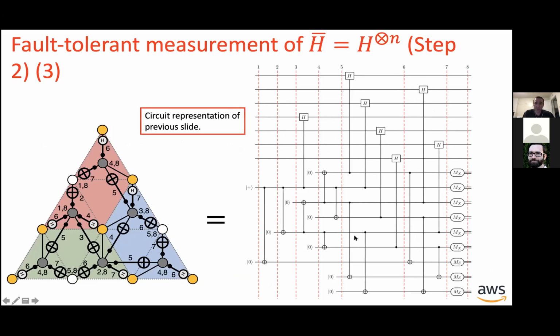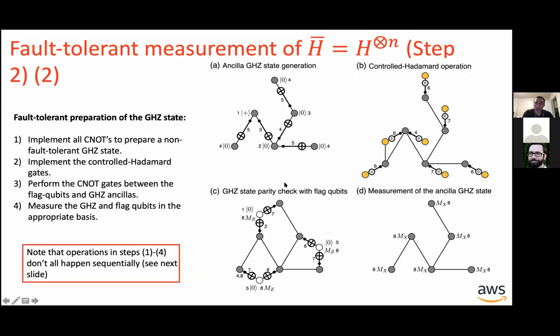So to maybe make things a little clearer, writing down the circuit on the right here, this is exactly what I was describing. And I just want to point out that when you do this measurement, the gates aren't necessarily done in this sequence. So you don't necessarily first prepare the GHZ, then do control Hadamard, then do the CNOTs for the flag qubits.